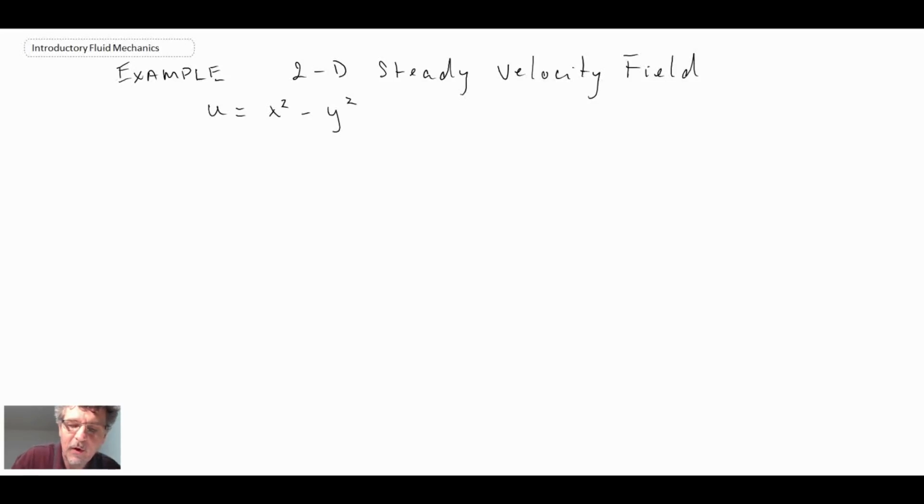This is just some arbitrary velocity field, and we're told the u component is x squared minus y squared, and the v component of velocity is minus 2xy. We're asked to derive a streamline pattern.